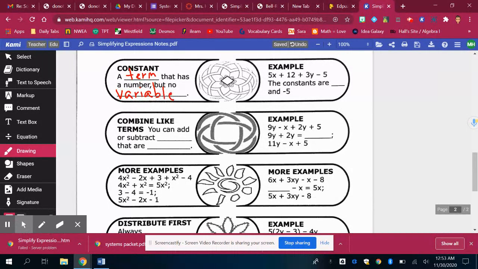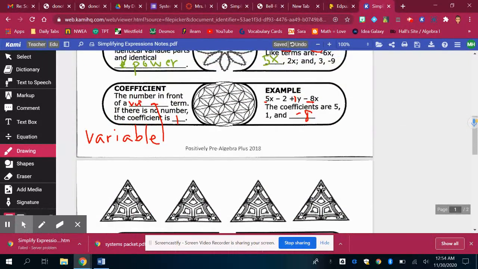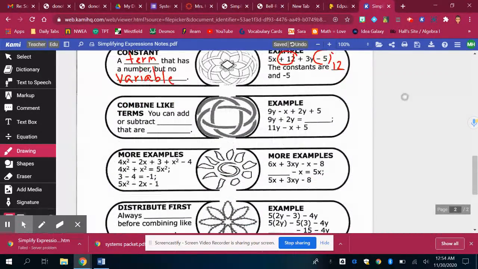So in this example, the constants are 12 and negative 5, because they don't have variables at all. If we went back to our other example, negative 2 right here would have been a constant term.